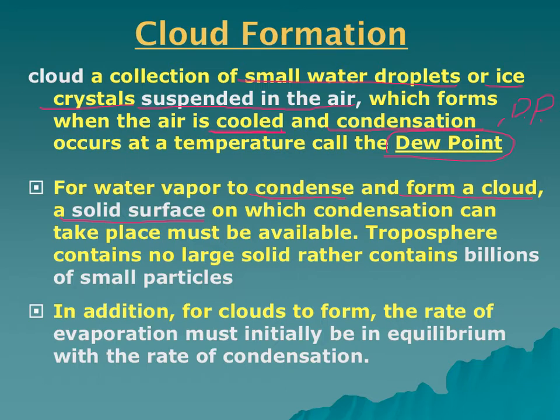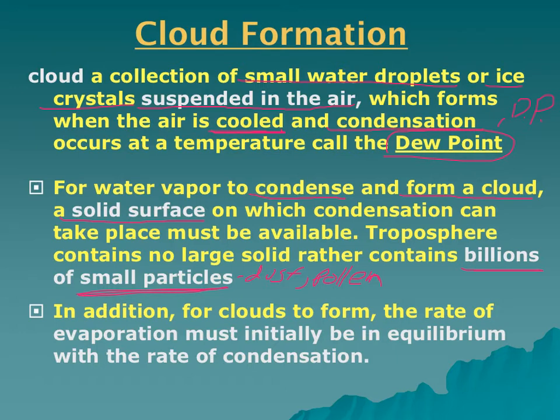Now the troposphere, which is where we live, doesn't contain large solids, but it contains billions of small solid particles, like dust or pollen. These are tiny solid particles that float around in the air. As that happens, the water condenses around this dust or pollen. We'll talk about that a little more as we keep going.